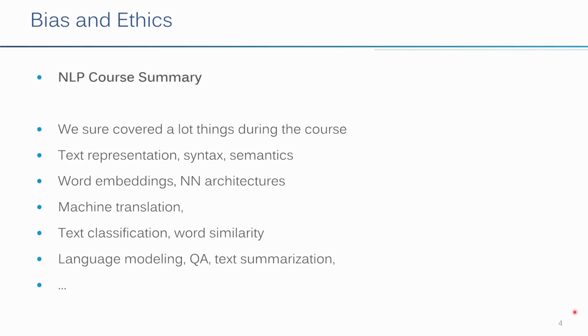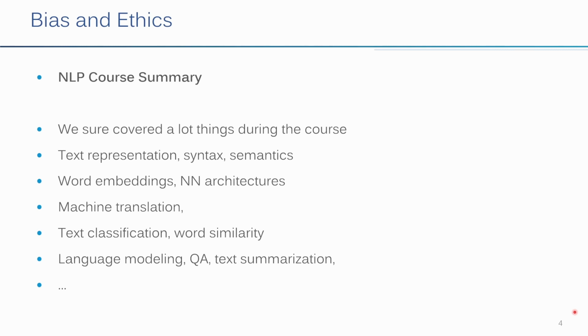Okay. So far in the natural language processing course, we have been studying a lot of things. For example, text representation, we went over syntax, how to extract semantics, how can we embed semantics and words into word vectors, sparse vectors, dense vector representations.